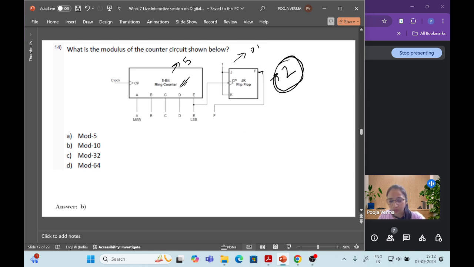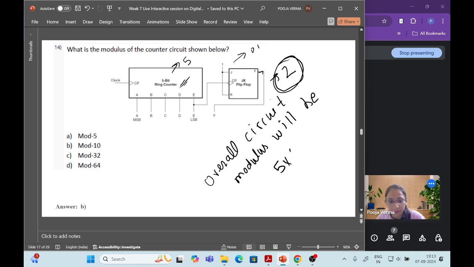So overall circuit modulus will be 5 into 2, that is 10. Okay, so it will act as a mod 10 counter.